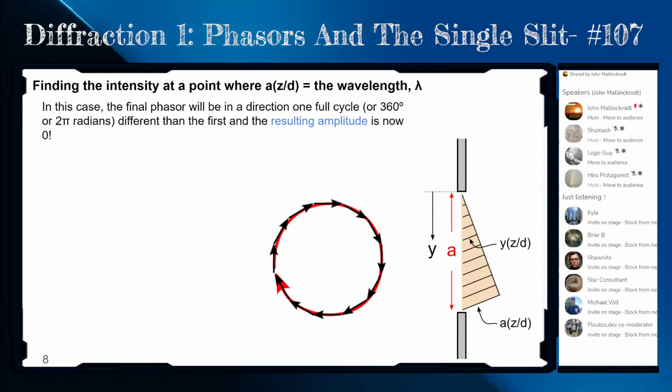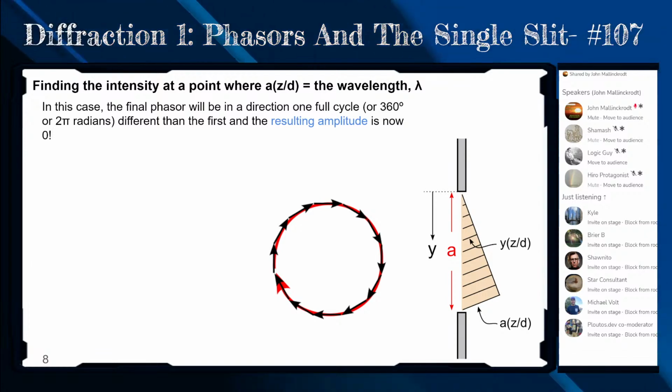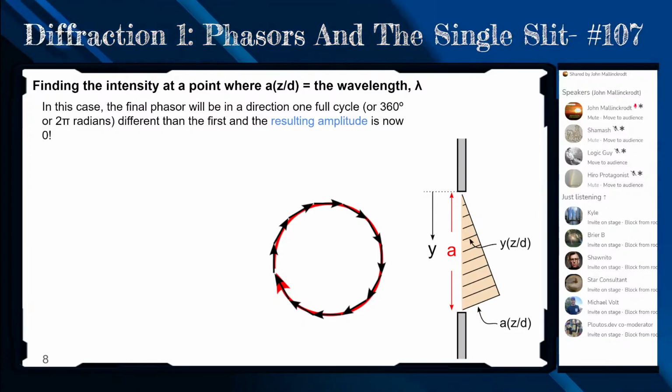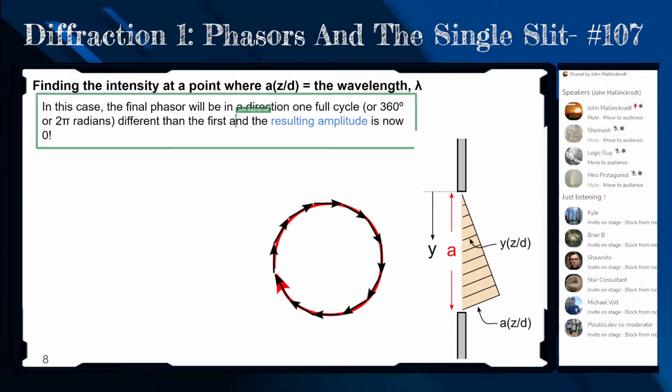But the resulting phasor is zero. There's no net amplitude because when you add that last phasor in, you come back exactly to where you started from. If you draw a blue line from the starting point to the ending point, because the starting point and the ending point are the same, the blue line has zero length. You have a resulting amplitude of zero.